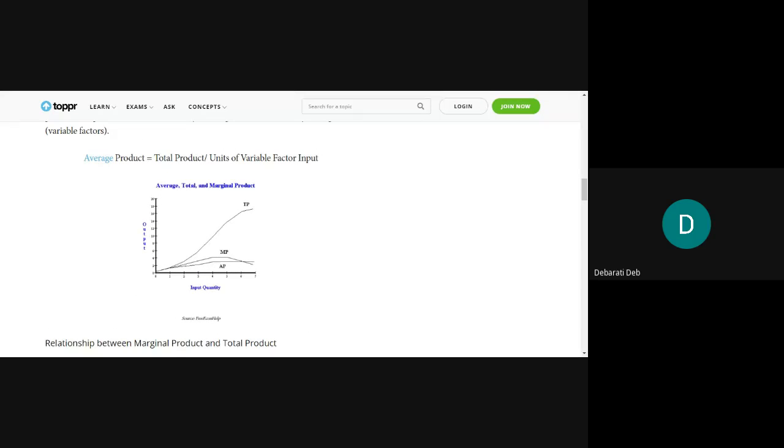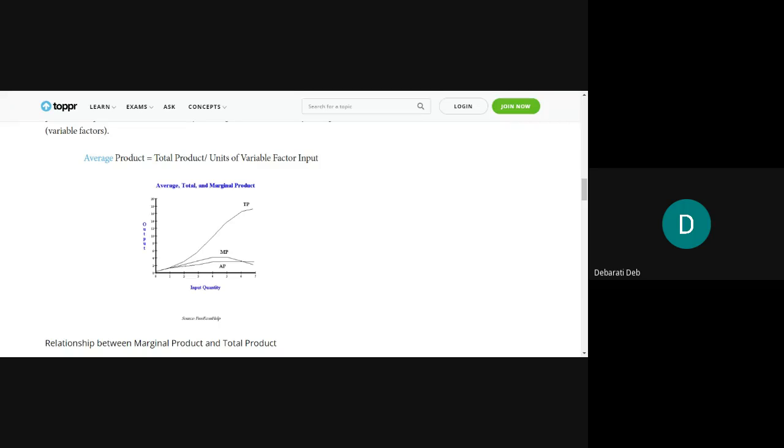Then see, on the x-axis, you draw the input quantity. Factors of production, you are plotting the number of factors of production or number of inputs on the x-axis, and output you are plotting on the y-axis.